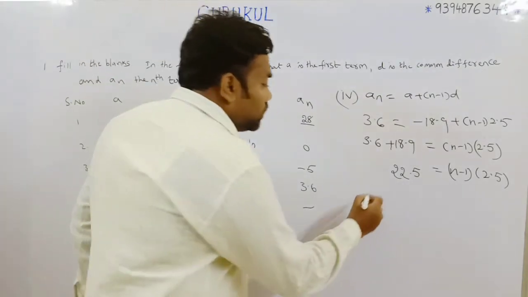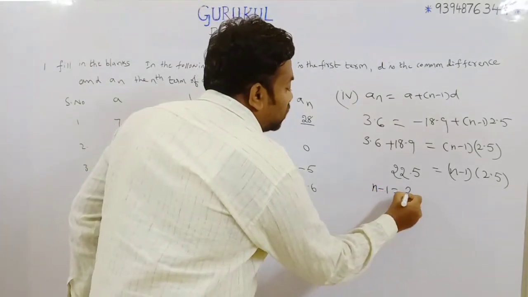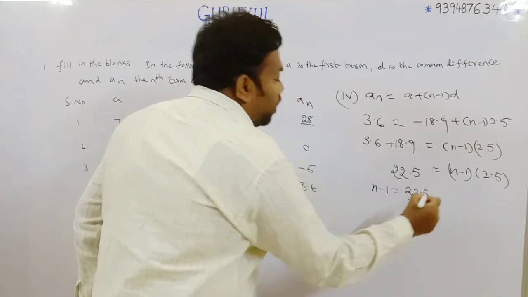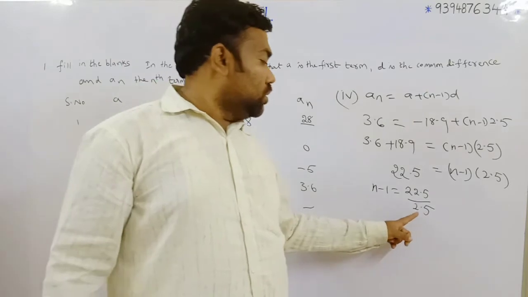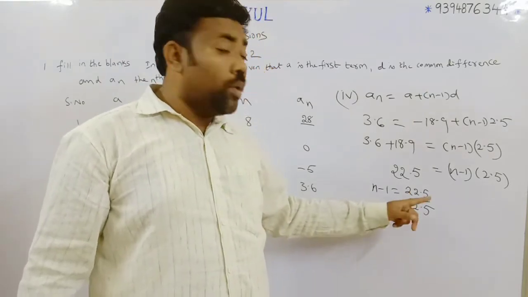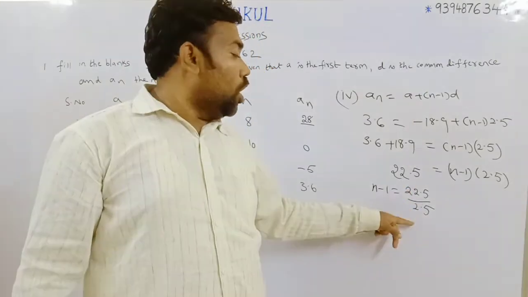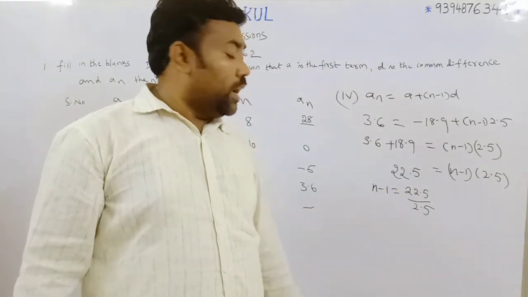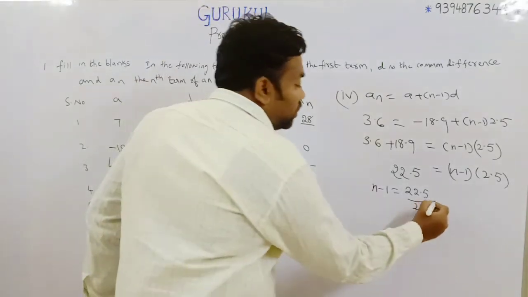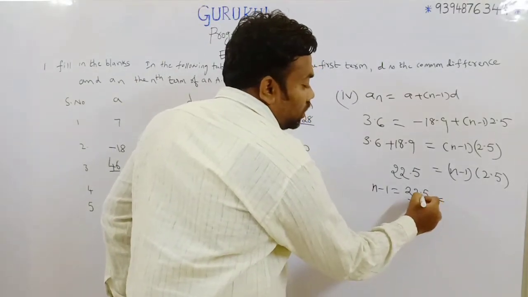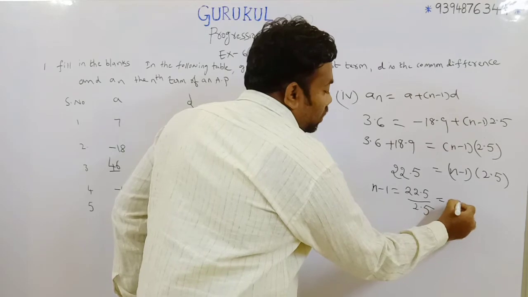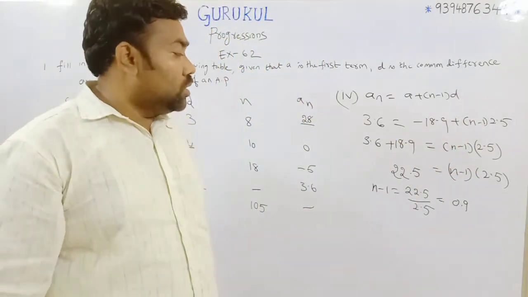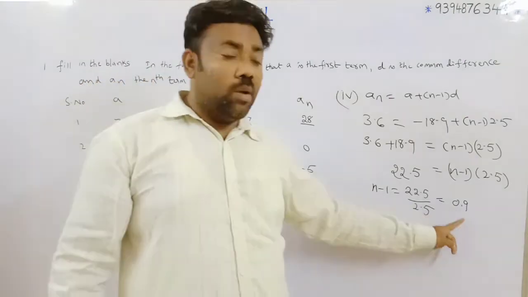So n minus 1 value is 22.5 by 2.5. 25, how many times cancels? 9 times. So n minus 1 equal to 0.9.